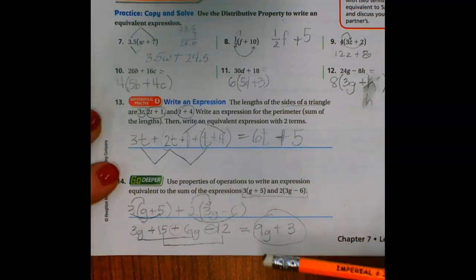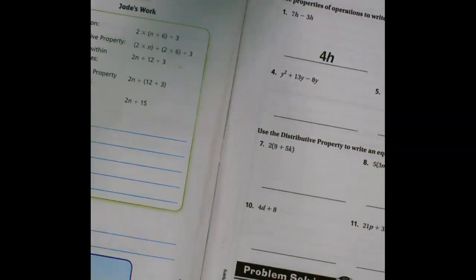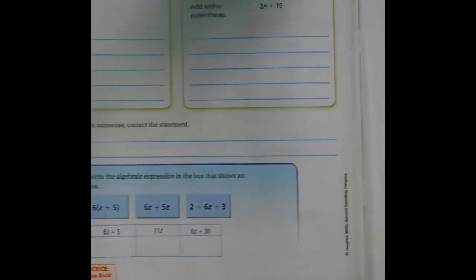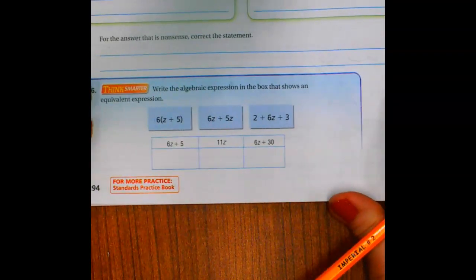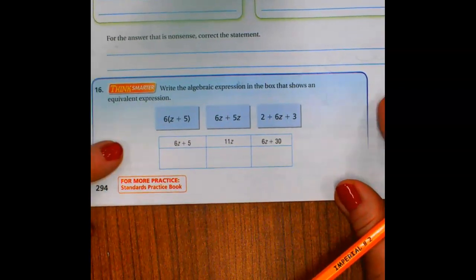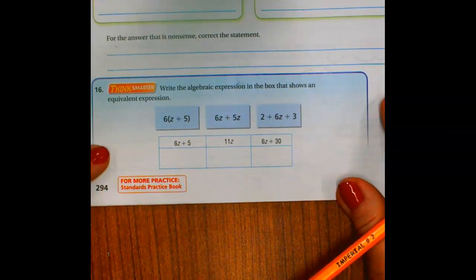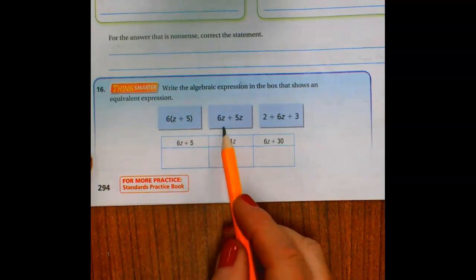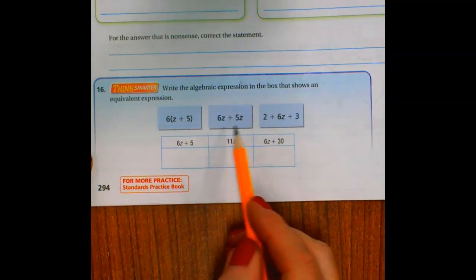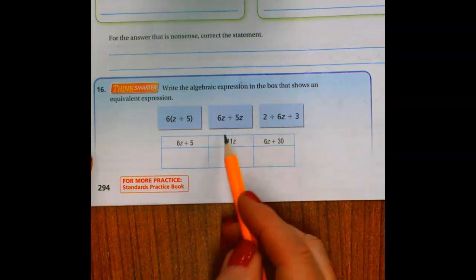Let's move back on to 293. I'm just going to continue here. All right, so I went ahead and assigned you the Think Smarter. If for some reason you forgot, go ahead, pause it here. Here you write the algebraic expression in the box that shows an equivalent expression. So I'm going to do this one first. 6z plus 5z, it's right there.